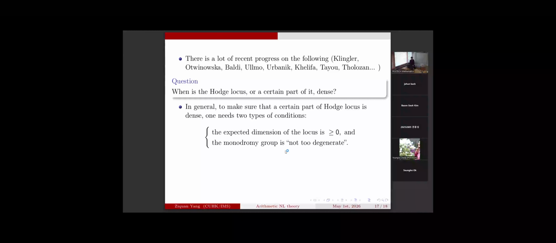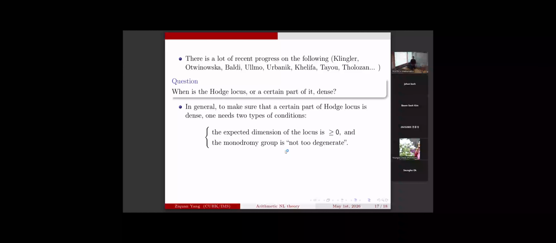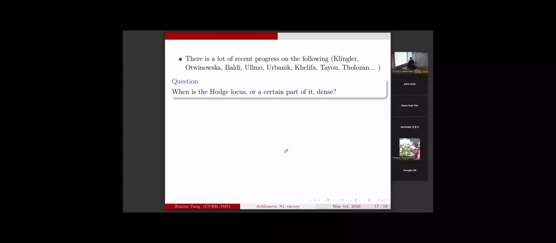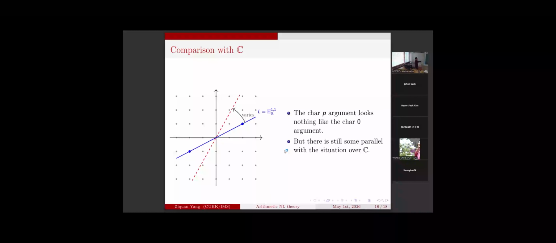If you look at general theorems that guarantee density for a Hodge locus, there are usually two types of conditions that go into the hypothesis of such theorems. First, you need to ensure that the expected dimension of the locus you're asking for is non-negative. And this is the most important part. This condition is related to what I said about this picture.